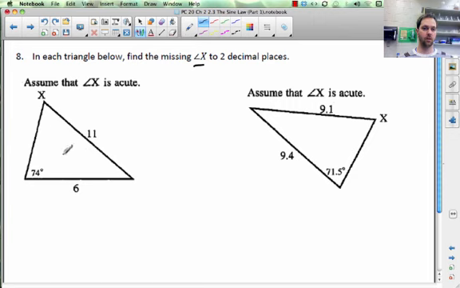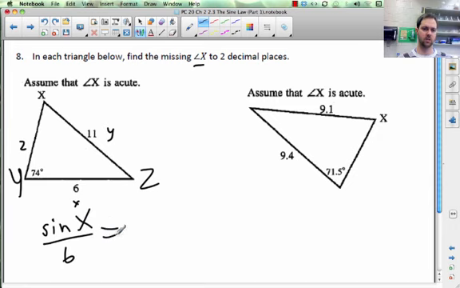Okay. So now we're going to work on finding the missing angle instead of finding the missing side. So here we have little x, we don't have big X, but we'll call this y and z. And again, we have big Y and little y. So we can go sine of unknown big angle x over 6, its corresponding side, is equal to, now if we have sine of one angle on top, we have to have sine of the other angle on top as well.